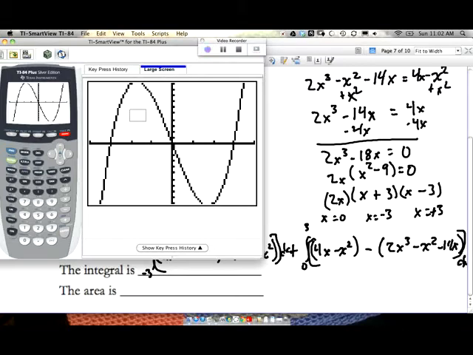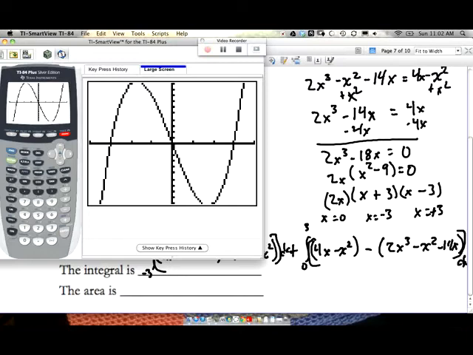So here's our first half, and notice it's the top minus bottom, but when they switch, and this is very interesting, all that it does is it takes that area, but it's going to make it negative here. So that's why we're going to do the opposite, y2 minus y1, which makes the negative into a positive, and then we got two positive areas, and then we add them together. Well, let's go ahead and calculate that.